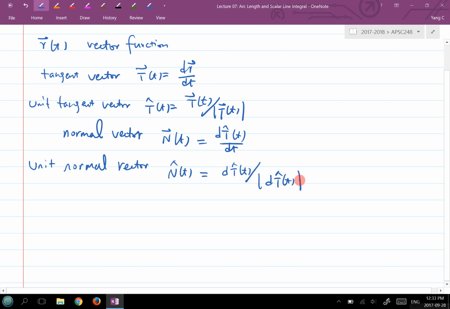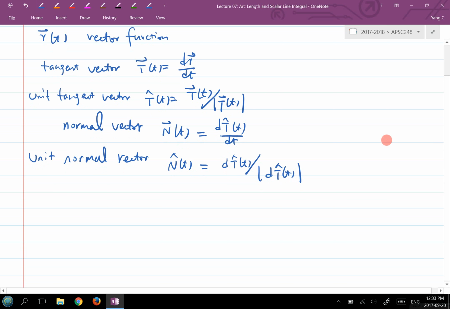And finally you can get the so-called binormal vector, which is the cross product between t and n.